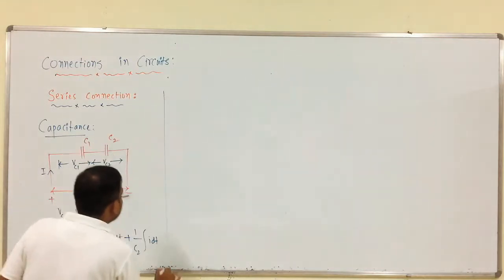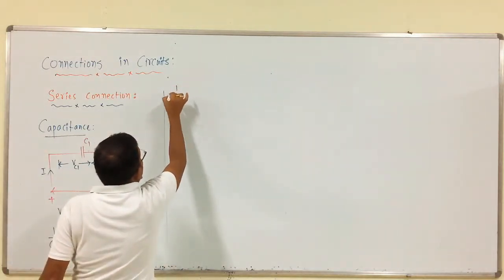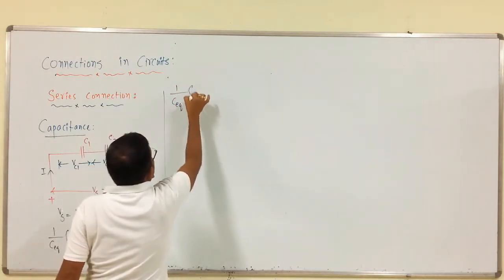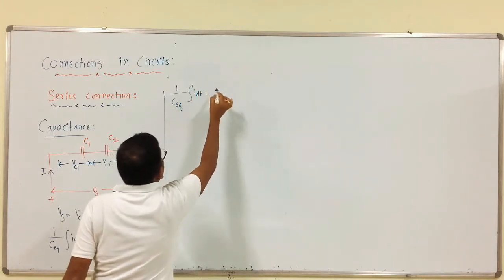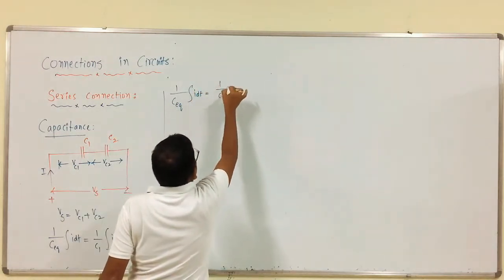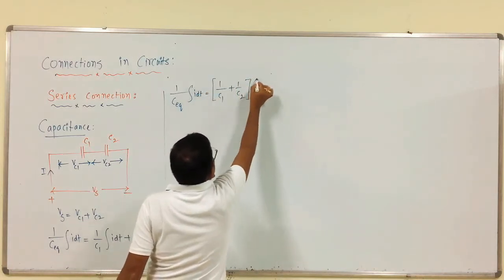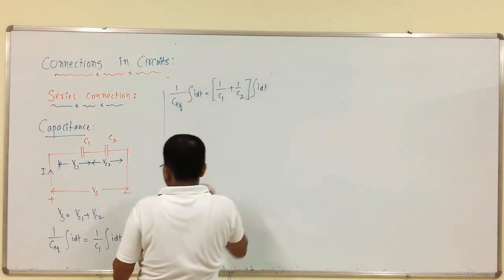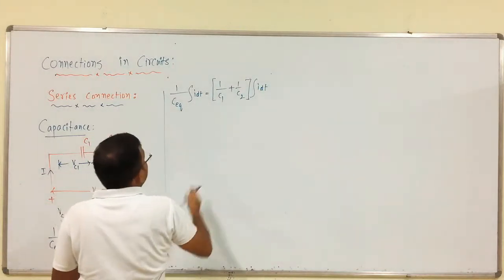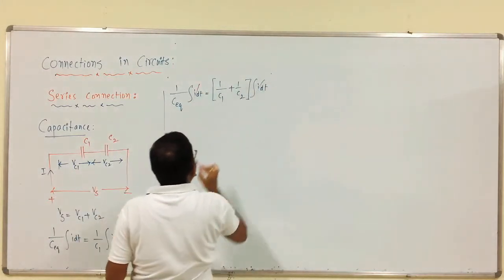So, from this we can get 1 by C equivalent integral I dt is equal to 1 by C1 plus 1 by C2, right, integral I dt. Therefore, I dt gets cancelled.